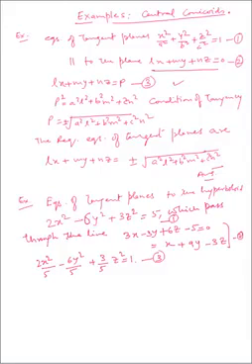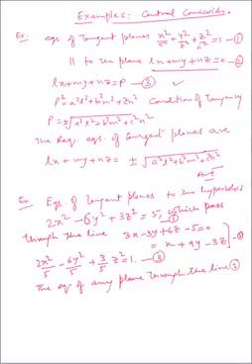The equation of any plane through the line 2 will be this will be that P1 plus lambda P2 is equal to 0.